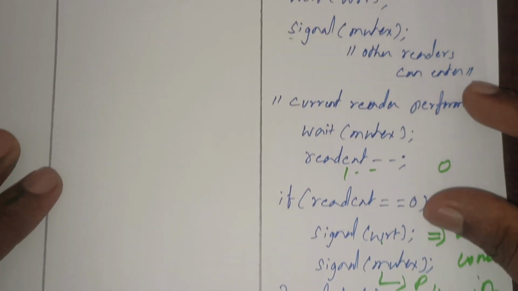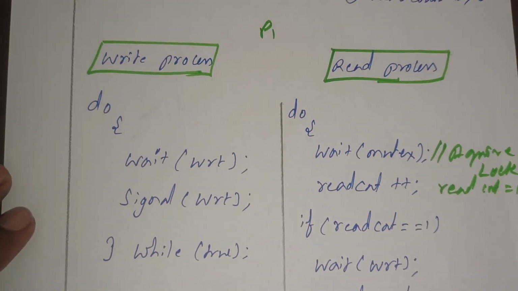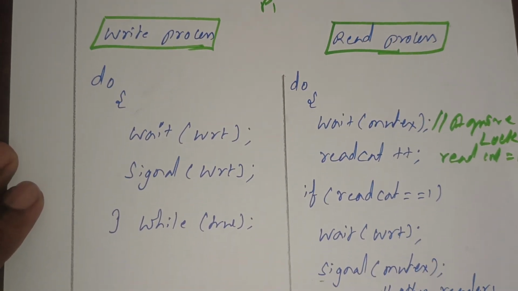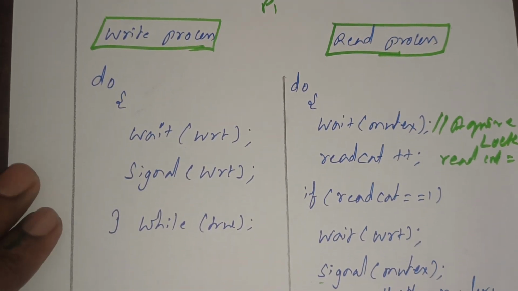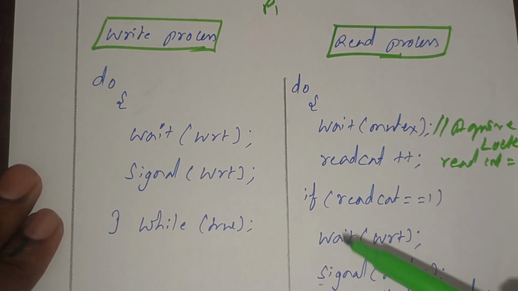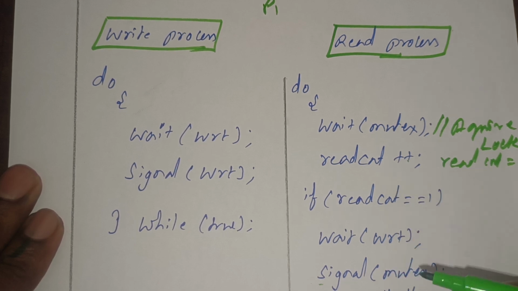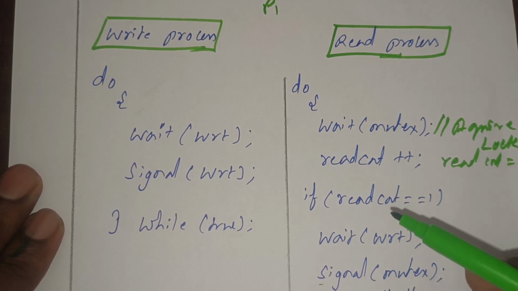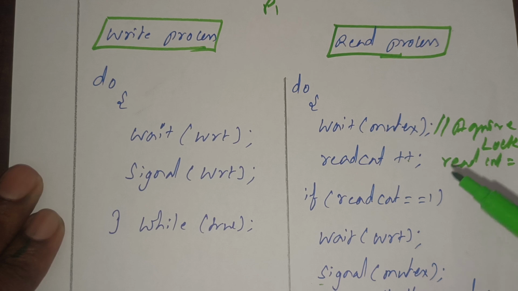So the ideology of this reader-writer problem is one line. If two readers are inside, or if one reader is inside the critical section, no writer can get in. Simultaneously, two readers can share a database, but a reader and writer cannot share a database. So the logic here is, if a reader is inside, one more reader can be allowed.